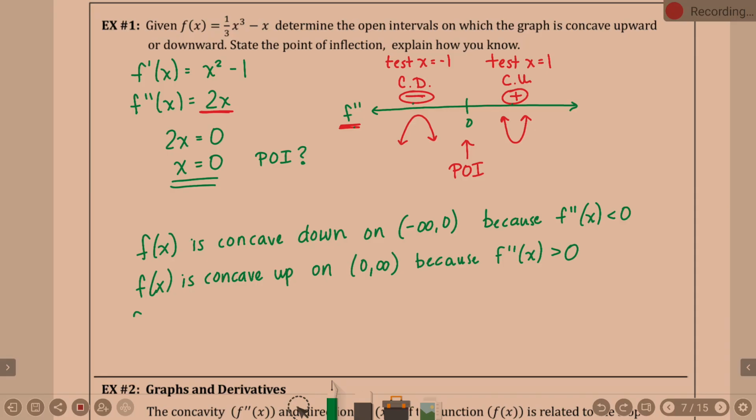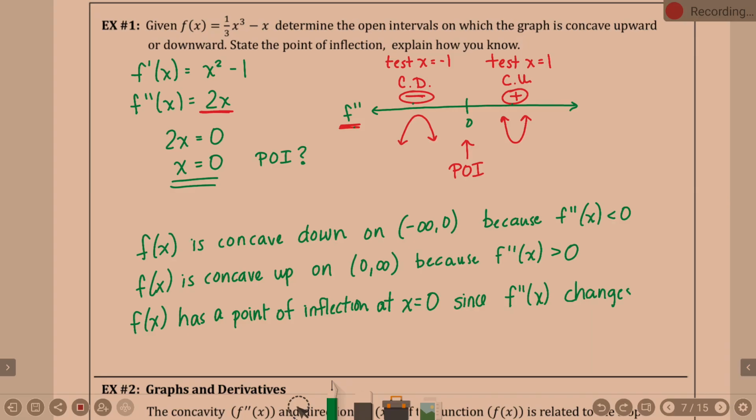So that's the third piece I'm going to mention: f of x has a point of inflection at x equals 0, since f double prime of x changes from negative to positive here.